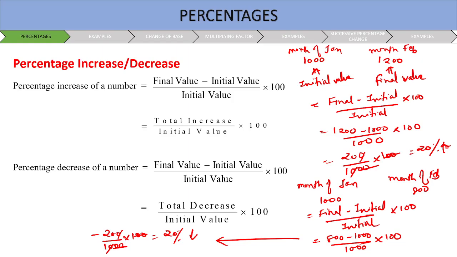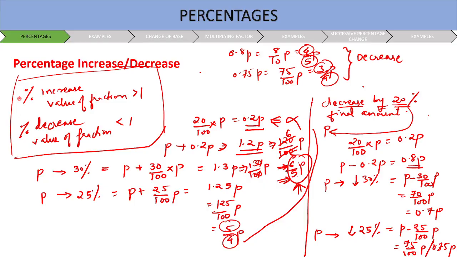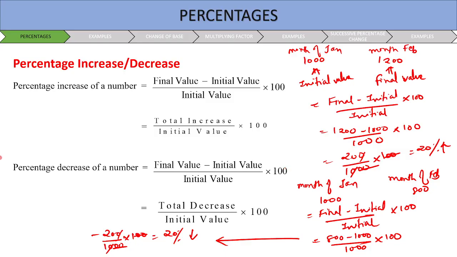Now, one more thing I would like to bring your attention to, what we have discussed in the previous slide. When we talk about the percentage increase, let's say you are getting that number as 6 by 5 of P. So what can you say directly about this?